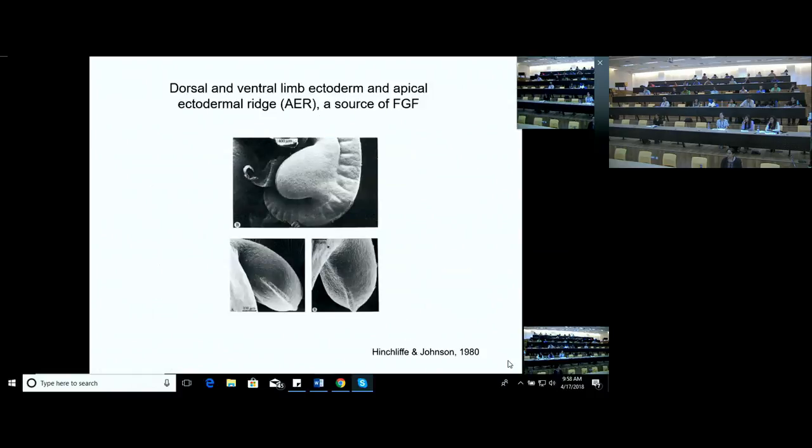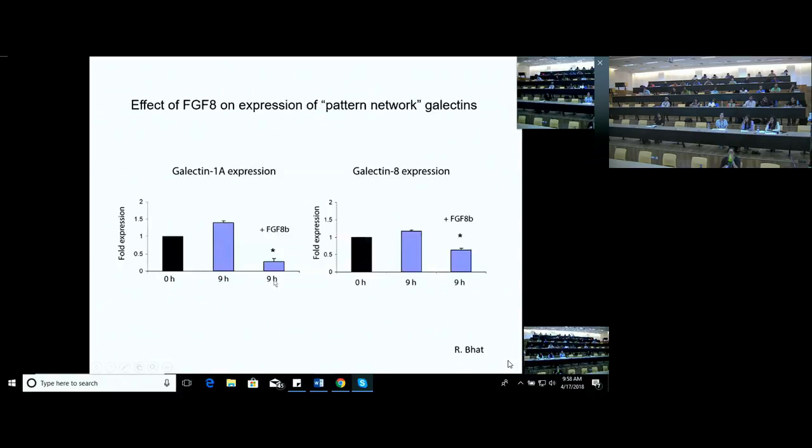Okay, now I'm going to wind up in a few minutes, but I'll point out that there's ectoderm in the limb bud, and there's something called the apical ectodermal ridge, and this is a source of FGF8, fibroblast growth factor 8. And when we look back at the expression of galectins, and we add fibroblast growth factor 8, which is produced by the tip of the limb, the ectodermal tip, we suppress both galectin 1A expression and galectin 8 expression.